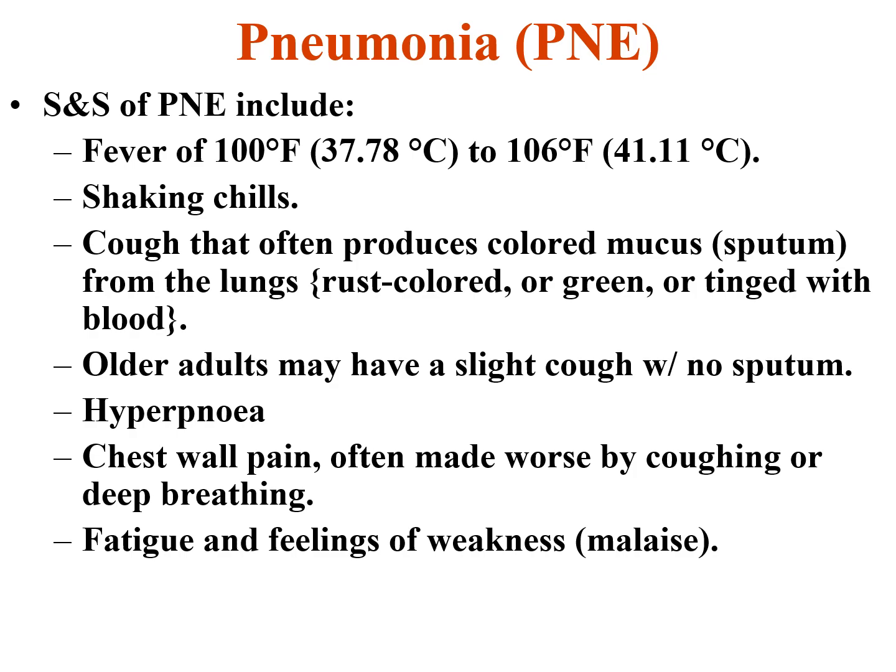Older adults may have a slight cough with maybe no sputum production at all, so it might just be a moist non-productive cough, hyperpnea, chest wall pain, often made worse by coughing or deep breathing. Sometimes these individuals will say that when they cough, they feel pins and needles on the inside, as well as fatigue and feelings of weakness, generalized malaise.